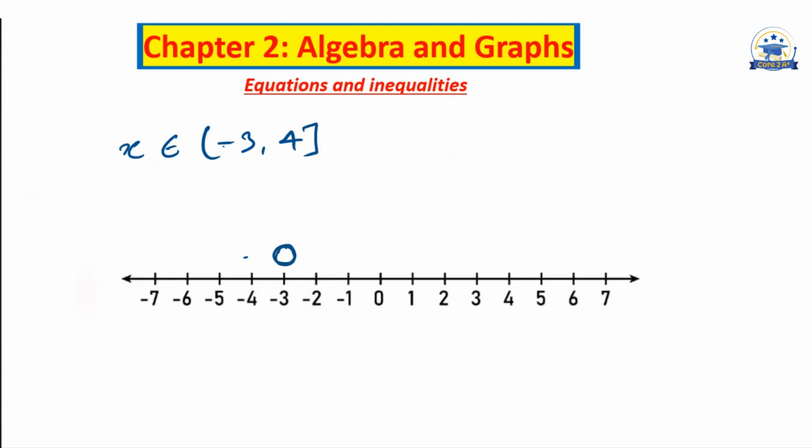Excluded negative 3 up to 4, and here it is closed. Yes. So that's the difference. This is for the closed interval, and that type of circle for the open interval, right?